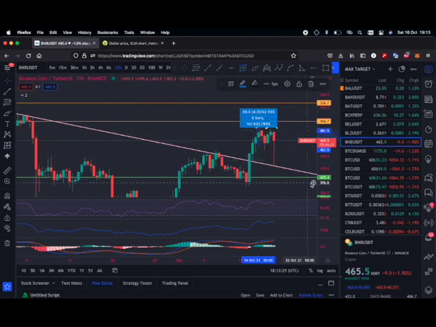This is crazy. If you don't have a technical analysis expert to analyze this for you and you put your money here, it's going to be a mess.